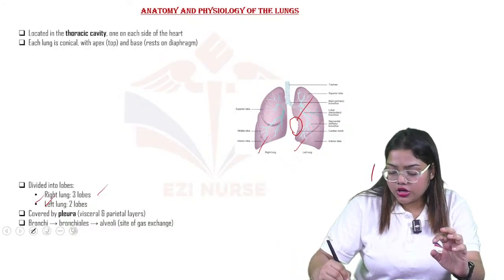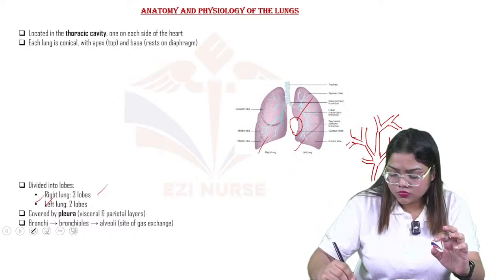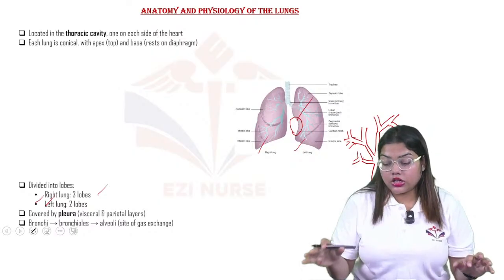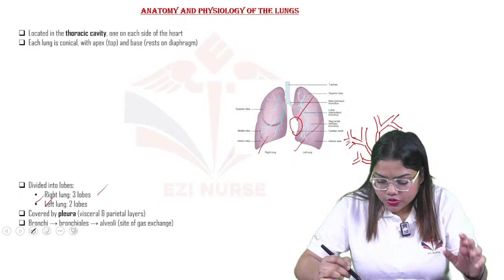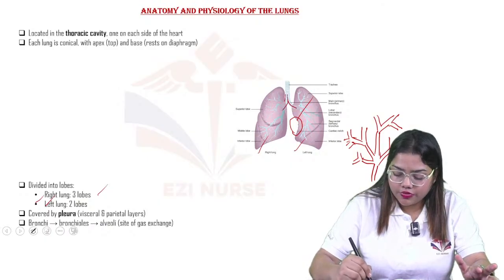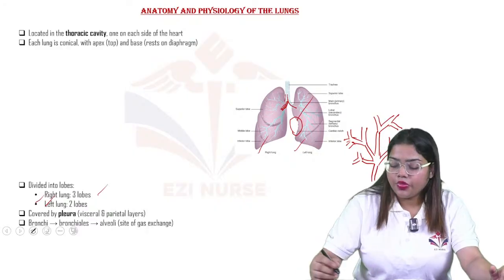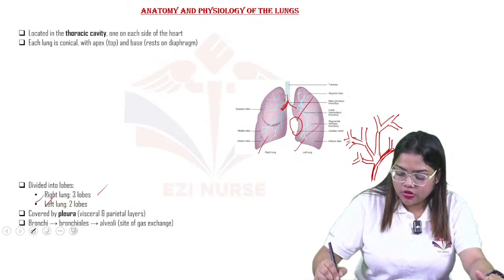If you see the structure of the lung, you can see the main or primary bronchus, which starts from the trachea, attaches to the lungs and spreads inside them, where the bronchi will be present. These are called bronchi.